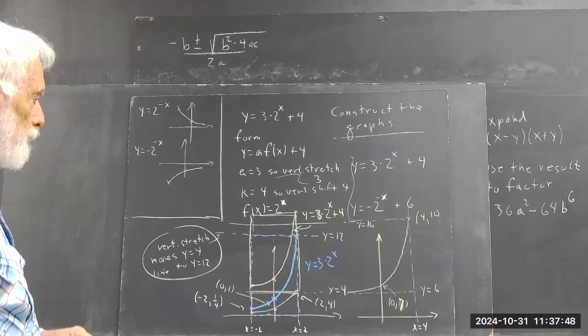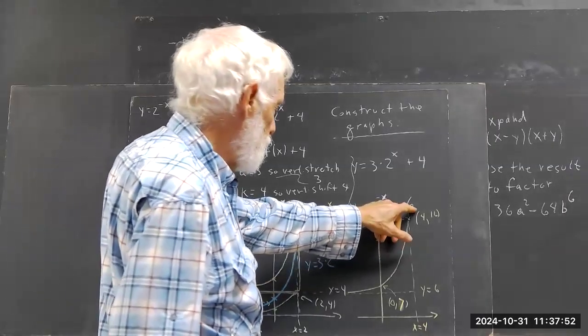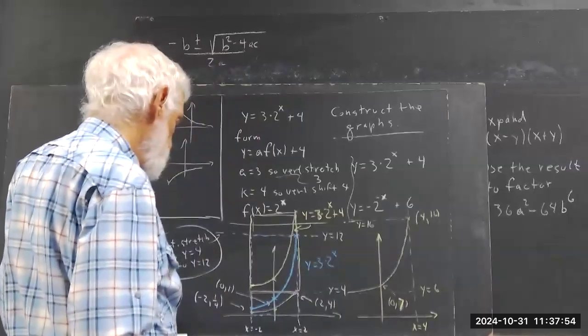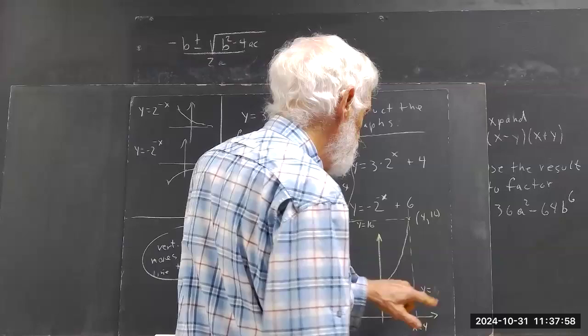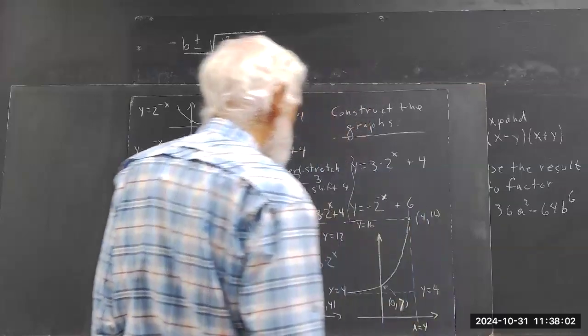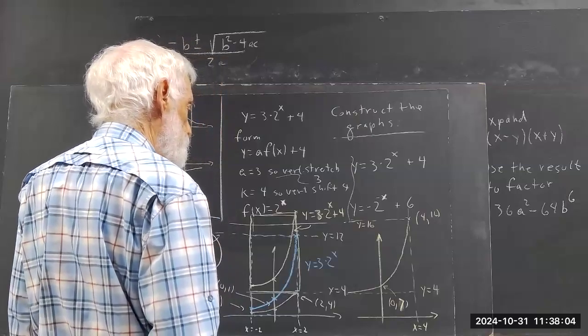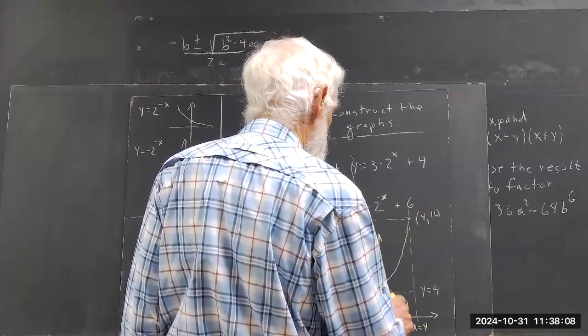And you know what I did over here? I was writing this, I saw the 6. Let me fix something. This should be the line y equals 4. And this should be the 0.05.